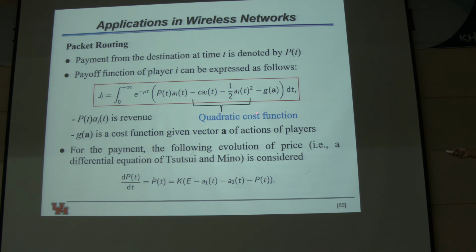I got a payment due to my action, but on the other hand, I have a quadratic cost. And G(A) is a function given A as the action of the player. That may be a constant. And overall, we want to optimize this over time.